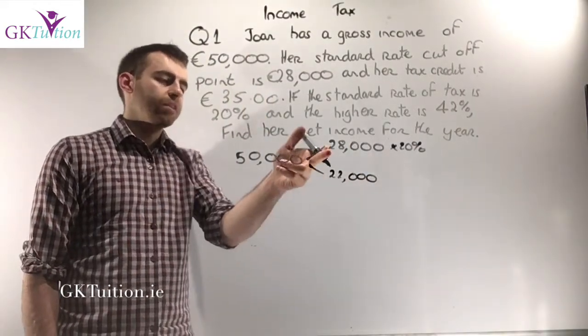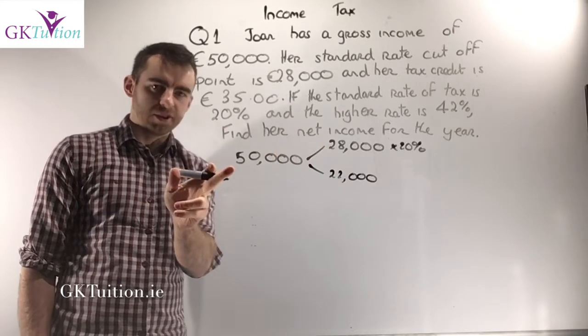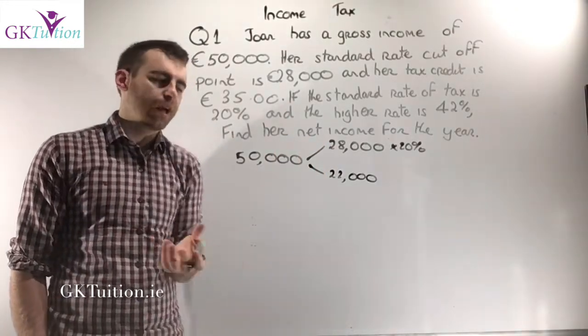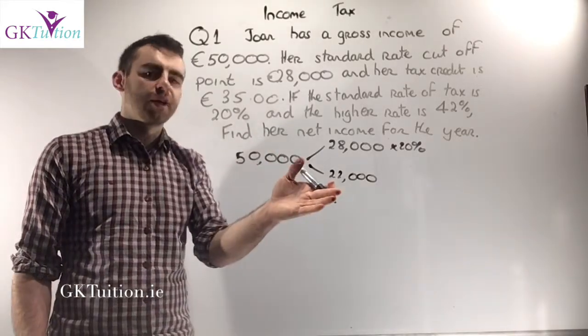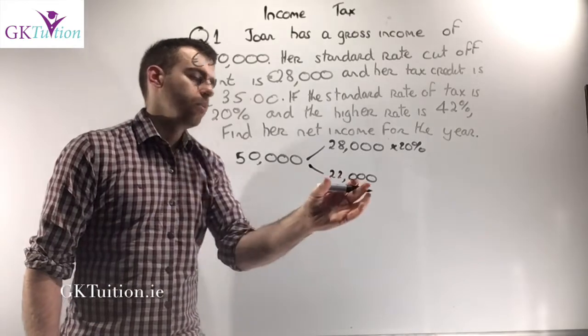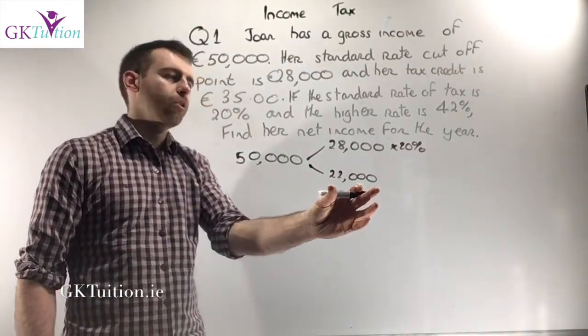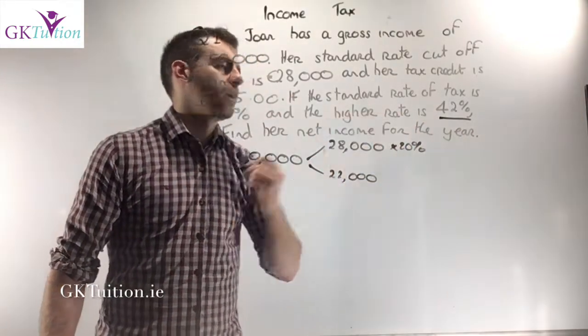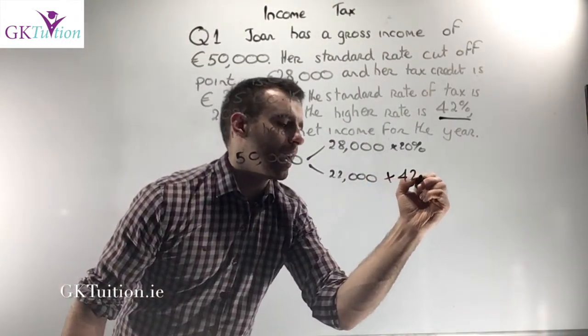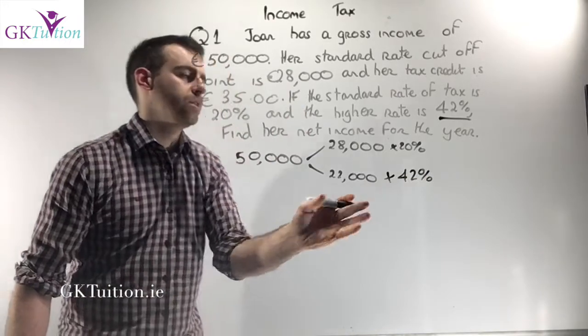Basically, this figure and this figure always have to add up to your 50,000. 22 and 28 gives me 50, so I'm happy enough with that. She's earning €22,000 above the standard rate cutoff point. So on the €22,000 she earns above the standard rate cutoff point, she pays the higher rate of tax. So she's going to have to pay 42% tax on the remaining 22 grand.